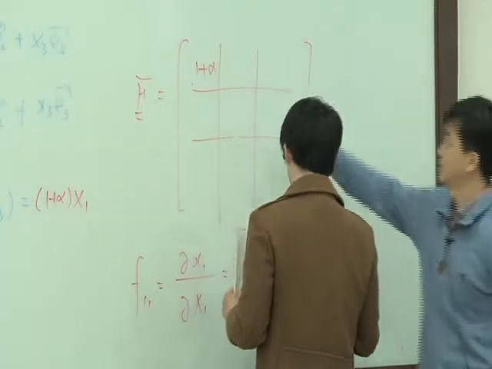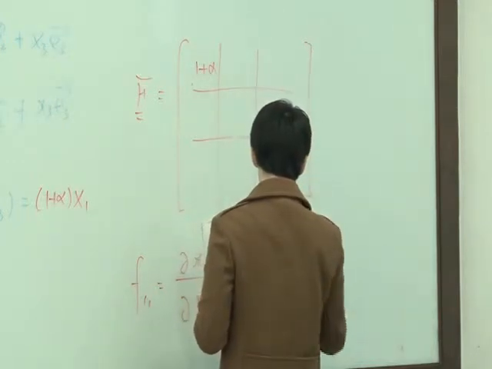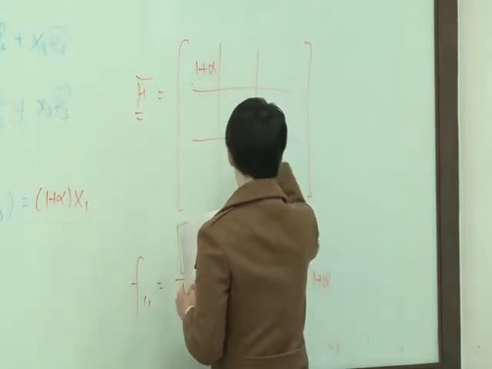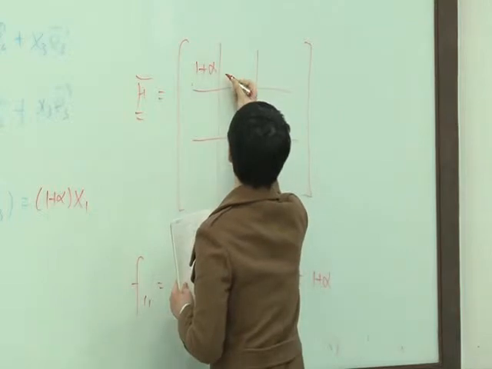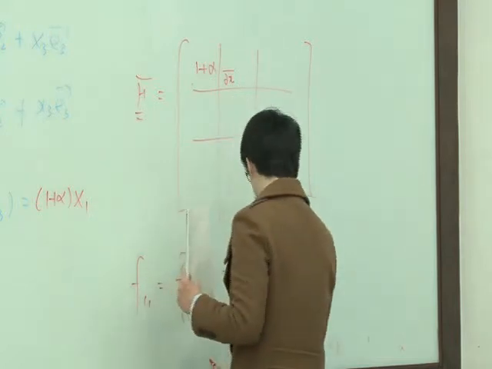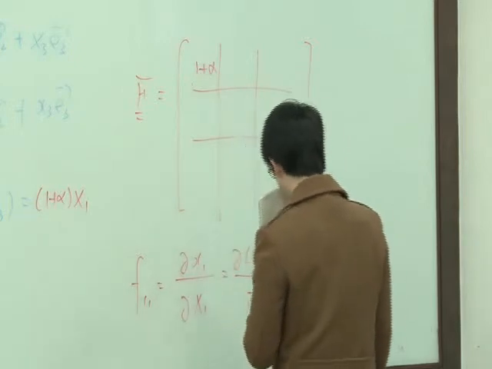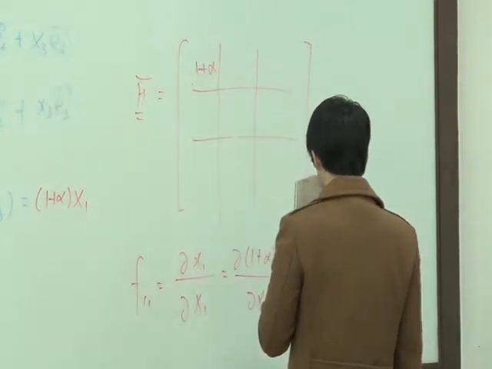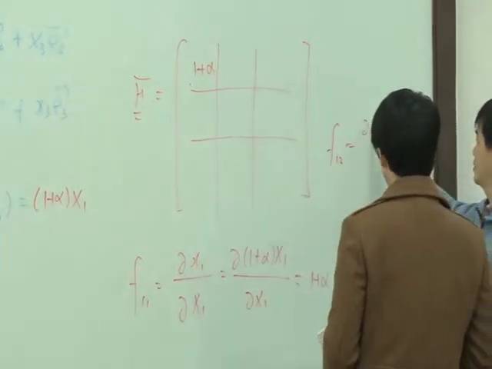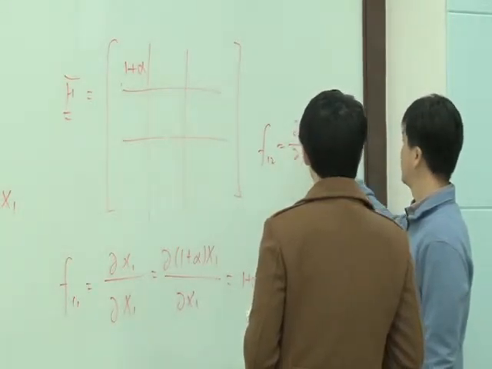Second term, what's this? What's the number over there? So you need to calculate this one, F12, x2, x1, x2.